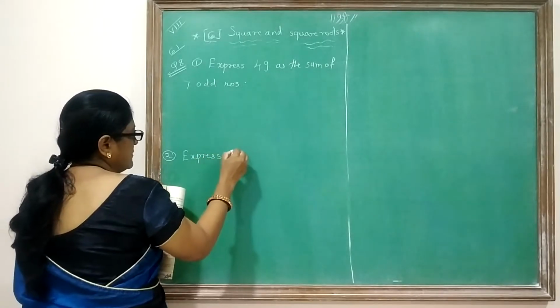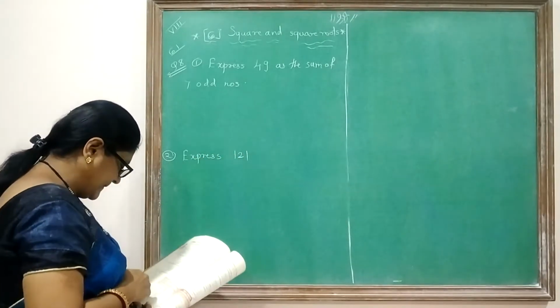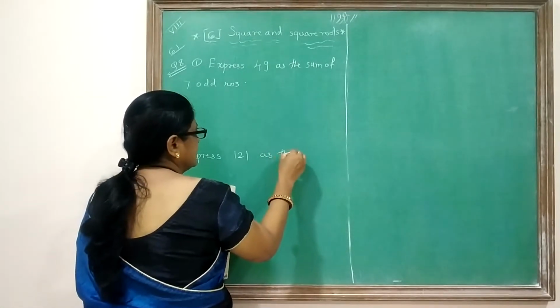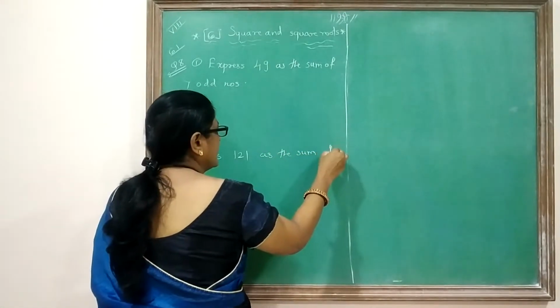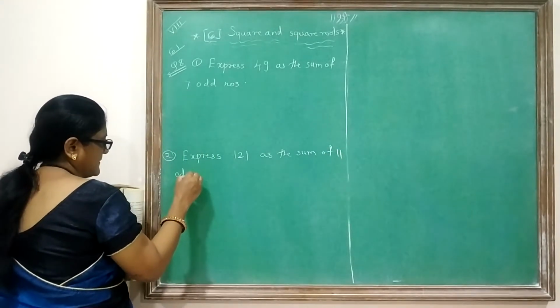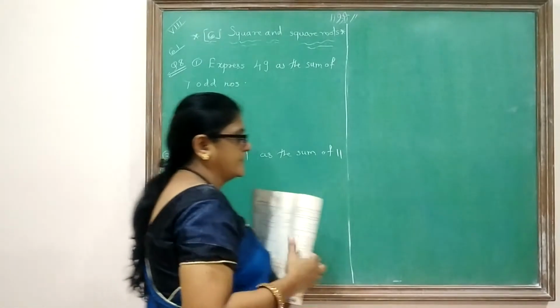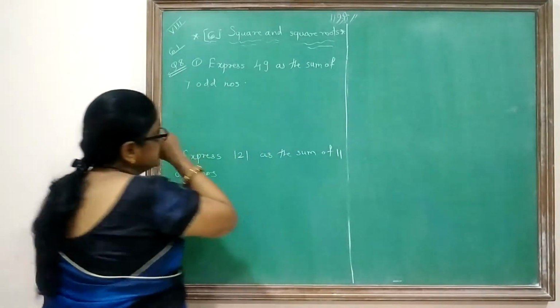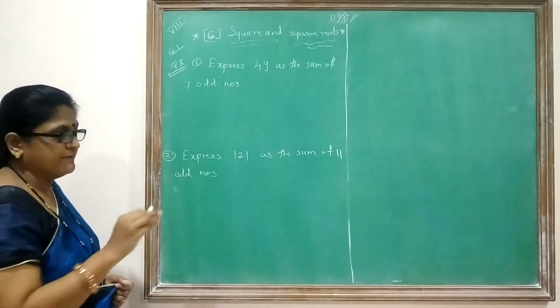Express 121 as the sum of 11 odd numbers. Then which type can you write? Express 49 as the sum of 7 odd numbers.